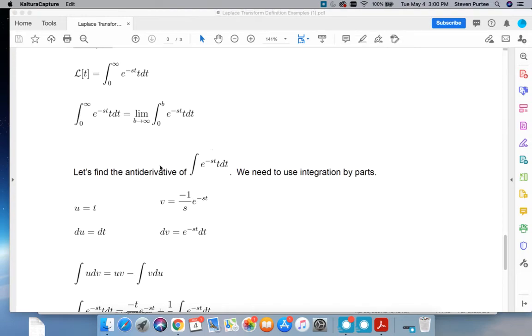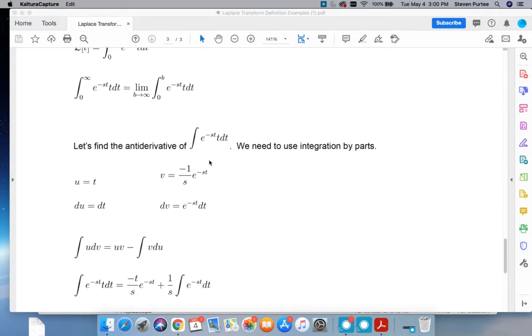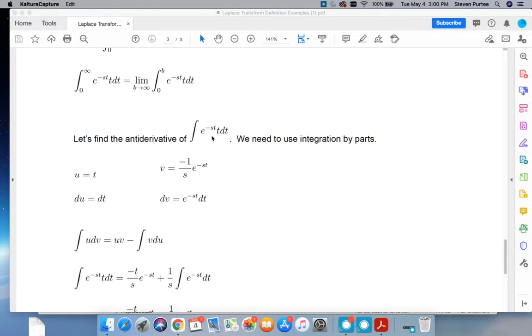So let's find the antiderivative of this. We'll do the indefinite integral first, and then we'll come back and do the definite integral. We have to do integration by parts here. So I'll let u be just t, du is dt, dv is whatever is left over, and then integrate that to get v.